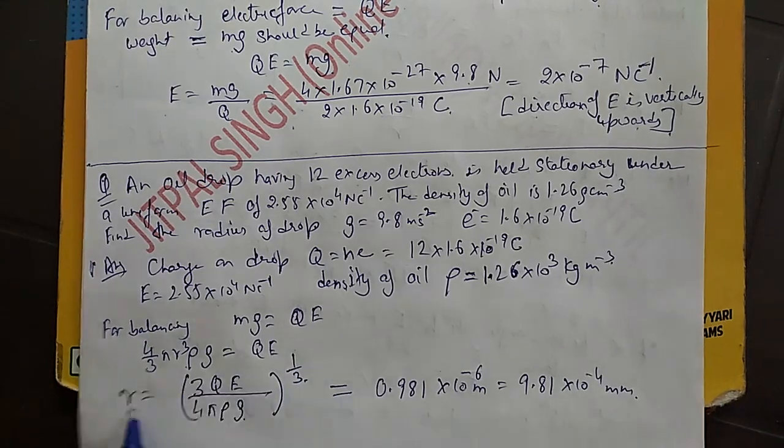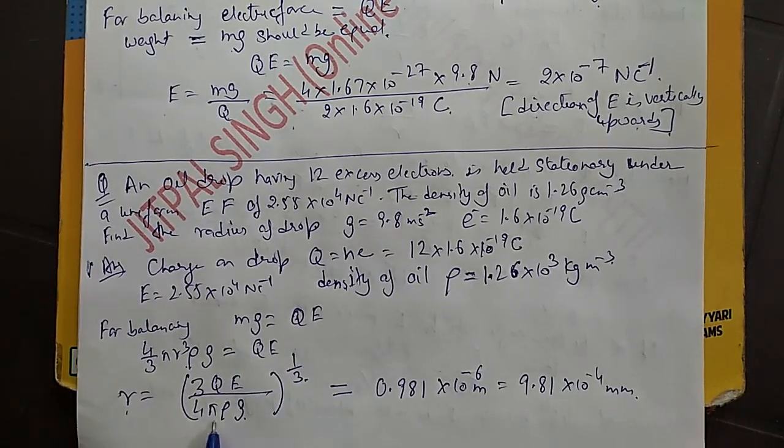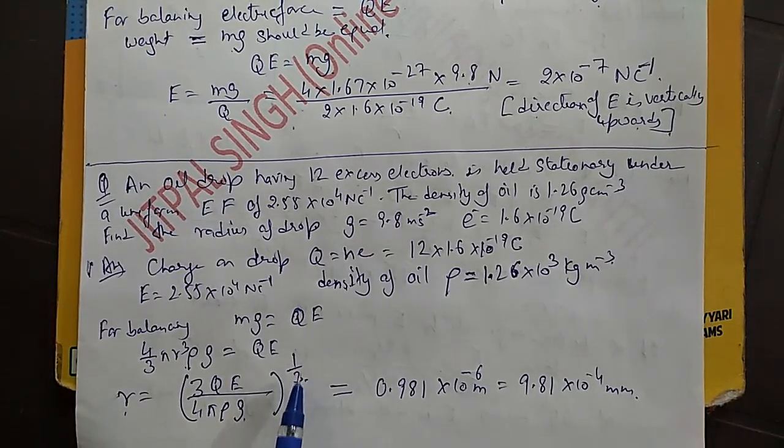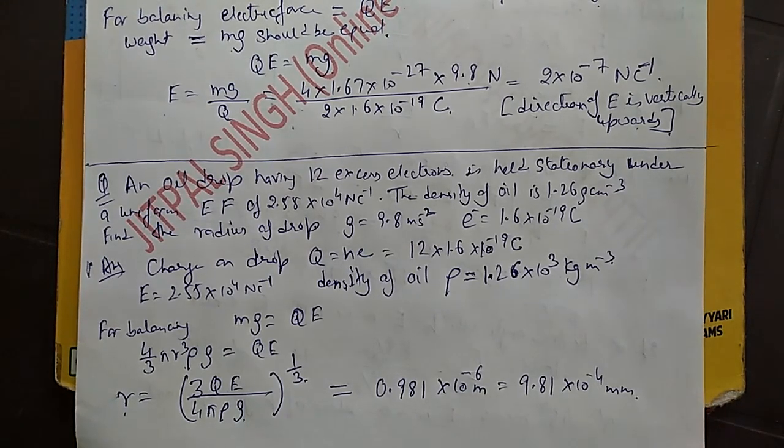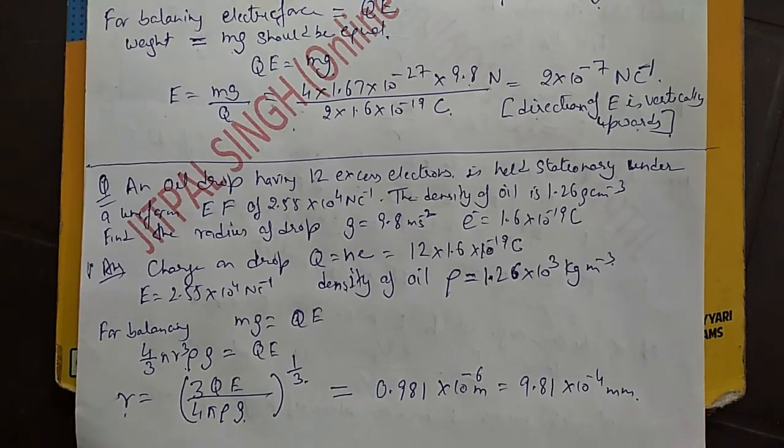Rearranging, we get small r equal to (3QE upon 4πρg) to the power 1/3. Here I'll take the cube root. On solving, the answer comes out to be 0.981 × 10^-6 meter, or 9.81 × 10^-4 millimeter.